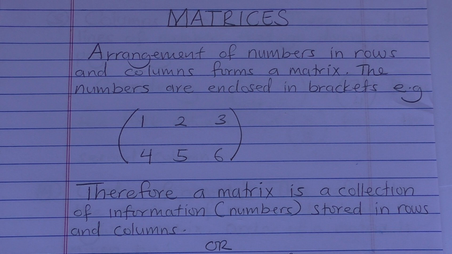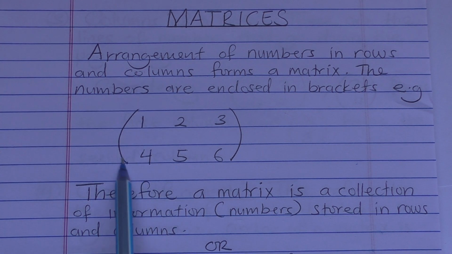A matrix is simply defined as a collection of information, measured numbers, stored in rows and columns. Therefore, the arrangement of numbers in rows and columns forms what we call a matrix. But these numbers have to be enclosed in a bigger bracket, just like we've done.